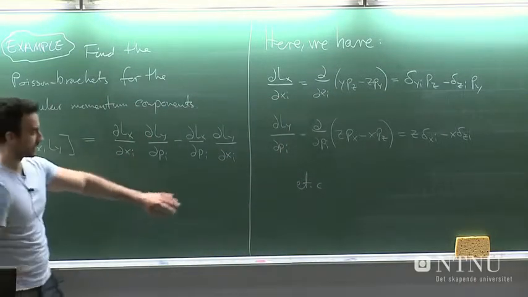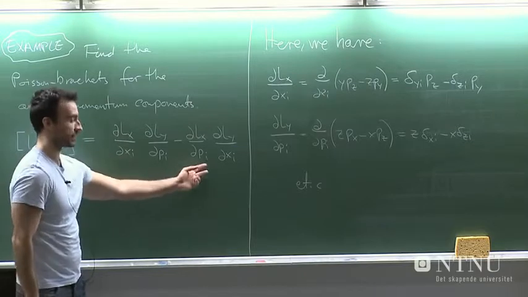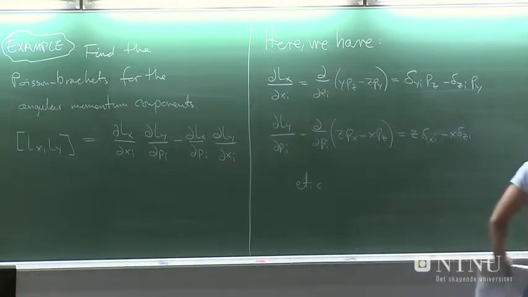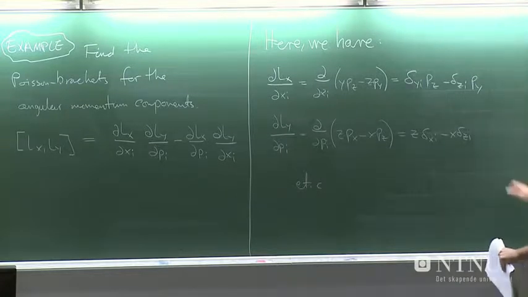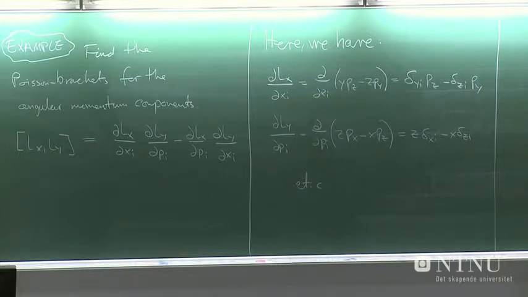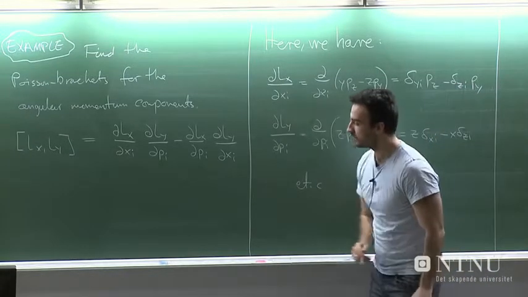And we may then apply the same type of consideration for these two last terms. So what we can do now, having obtained these expressions, is put them back into here.